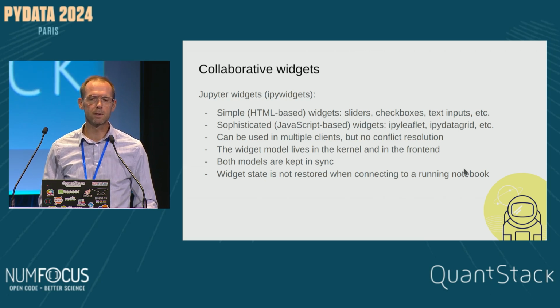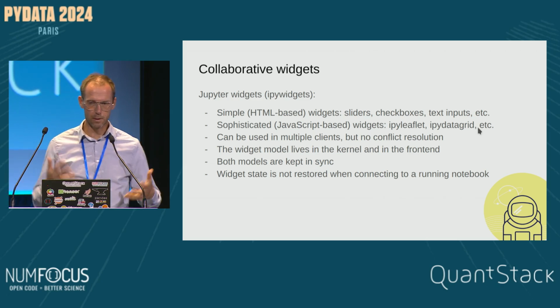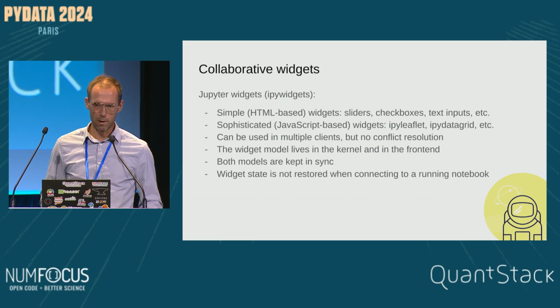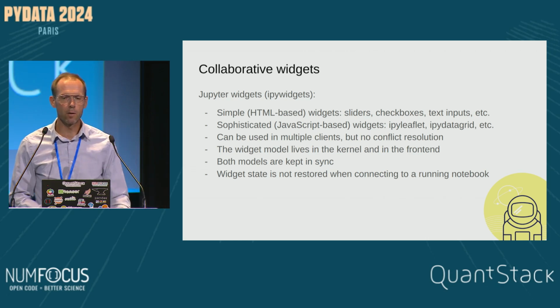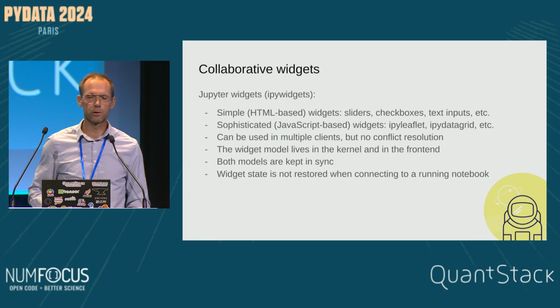So you have all these sliders, checkboxes, different kind of UIs, simple UIs or more complex UIs like IPyLeaflet for maps, IPyDataGrid for data grid representation. It can work with multiple clients, but it's not fully collaborative, so there is no conflict resolution like with CRDTs.